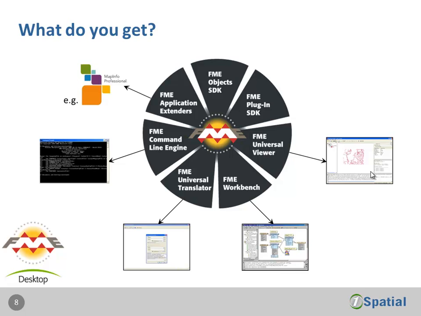You may be aware that you can run FME on the command line as well, which means that you can build batch files and use scheduled services to run several jobs one after another. Another capability that you get out of the box is an application extender. Depending on the other tools that you use, you can extend those applications, and we'll focus on MapInfo Professional in this session.